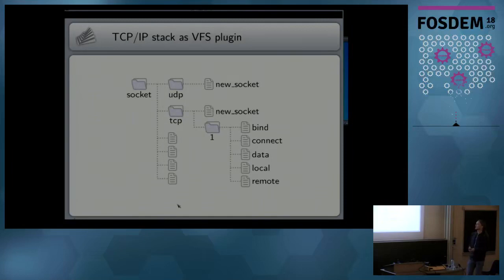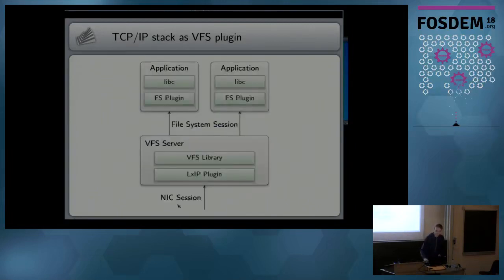Then the LXIP plugin would translate this to a connect in the LXIP stack. Okay. And when you have accomplished the connection, of course, you can interact with local and remote and send data or receive data.